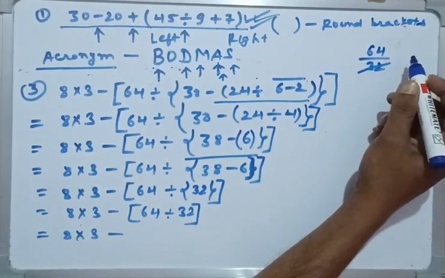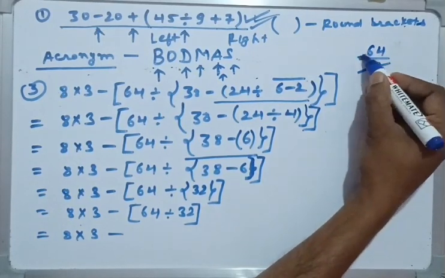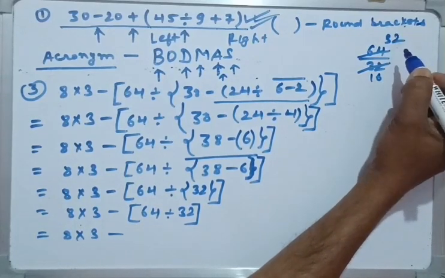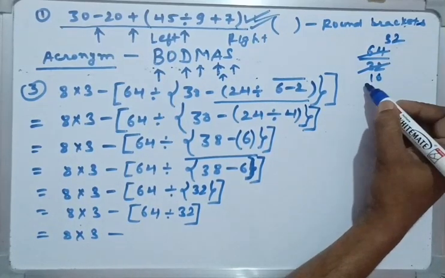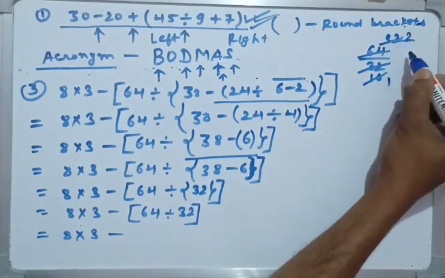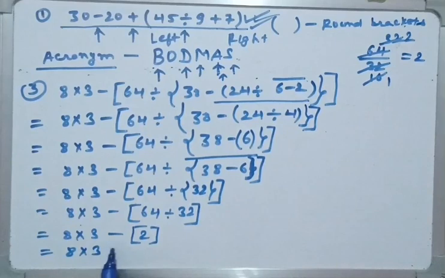Two 16s are 32, and two 32s are 64. So again 16 ones are 16, 2 twos are 2, then the final answer is 2. So we can write it as 2. Now next we remove this square bracket, then this becomes 2.